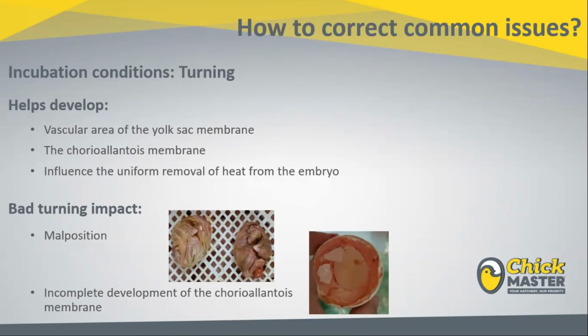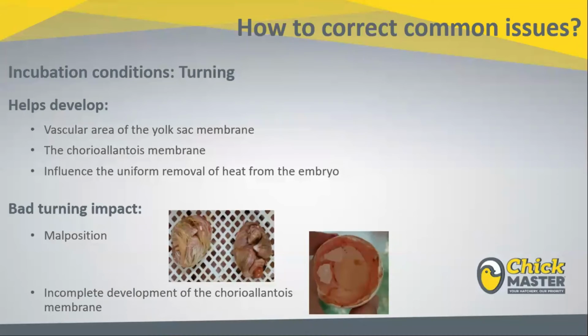It helps the development of the chorioallantoic membrane, which also has a respiratory function and helps to convey minerals from the eggshell to the embryo. It also influences the uniform removal of heat from the embryo.